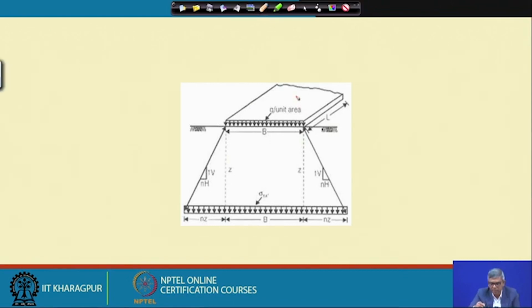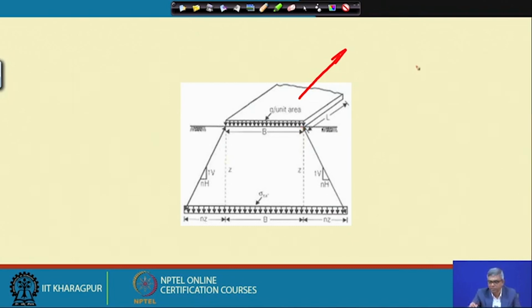figure that there is a foundation, suppose shown here, and maybe this is extended this side, and this is the width. Approximately we can assume that vertical pressure is dispersed at some particular angle. So, if I apply load here, the load will not go vertically; it will be slowly dispersed over depth.